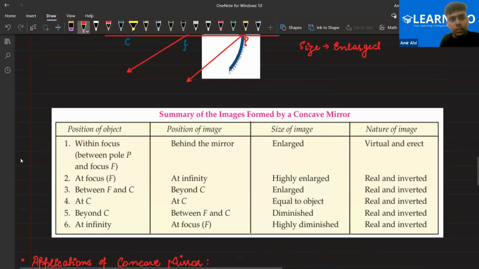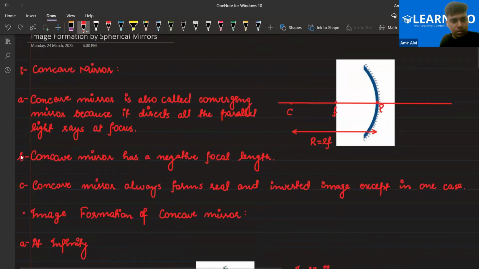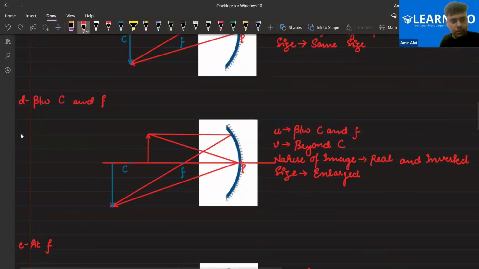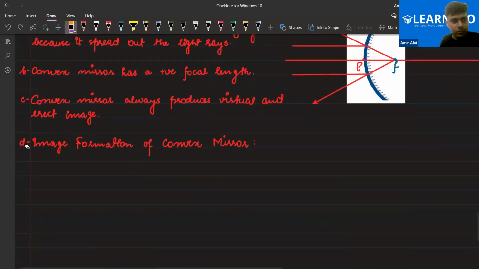In this, the first case would be when the object is at infinity.